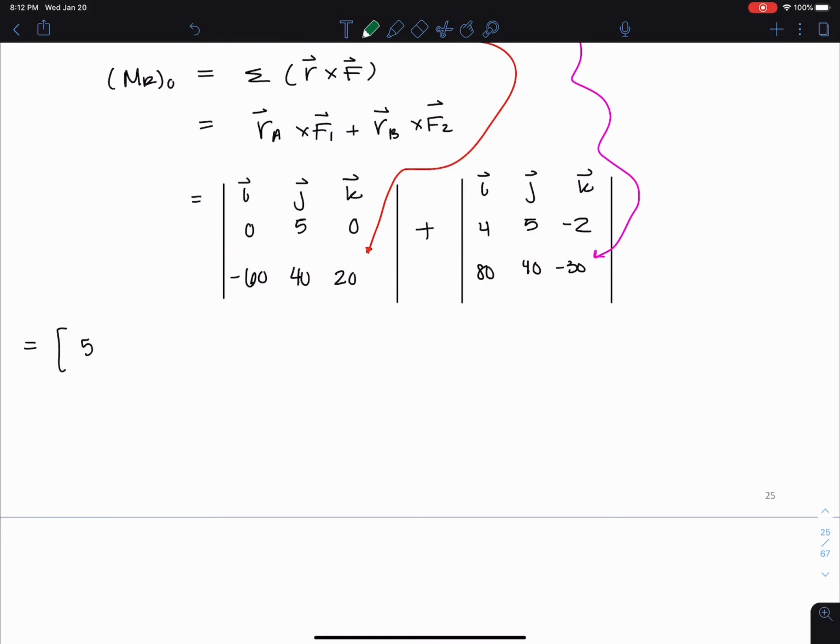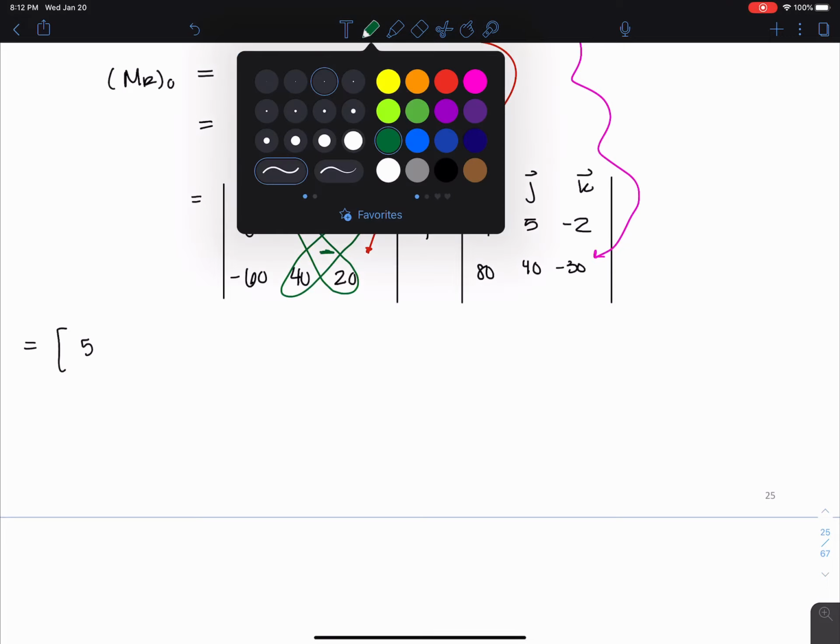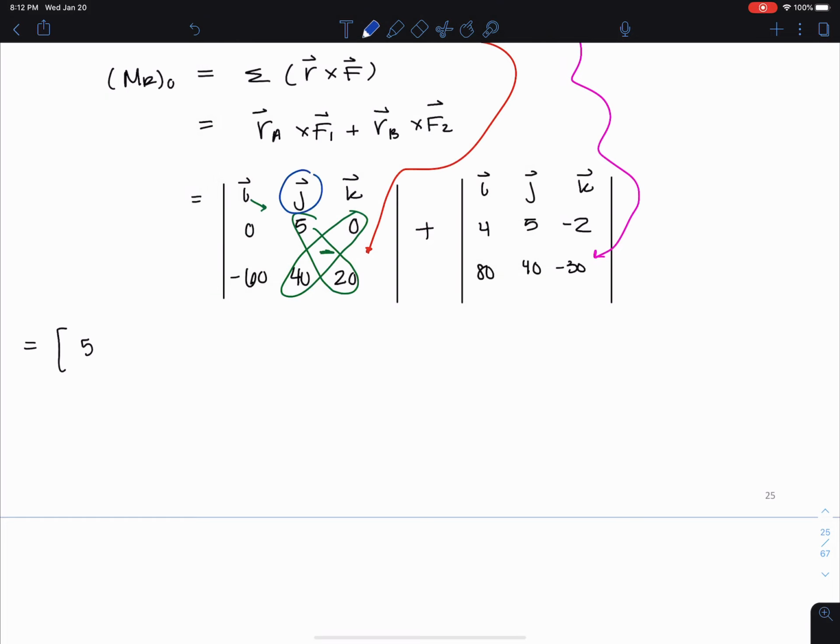You can either do it directly, so for i, these two multiplied, subtracting these two multiplied. For j, it would be this multiplied by this minus this multiplied by this, and then k would be these two multiplied, subtracted by those two. That's how you get the determinant. I'm basically just going to go through that process, or again, you can use the equation, whichever method you prefer.